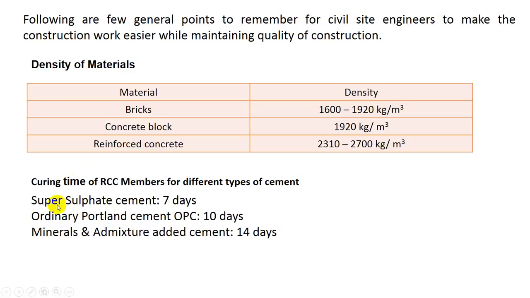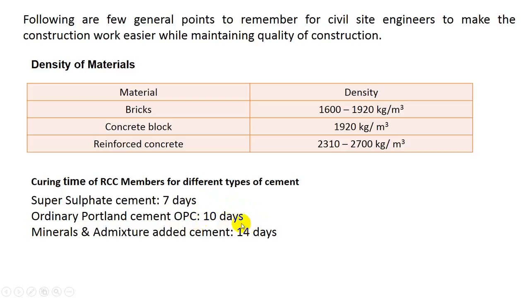So for sulfate cement, if we use sulfate cement for our construction work, then we have to cure that concrete member for 7 days. And if we use ordinary Portland cement, OPC, then we have to cure our RCC member for 10 days.